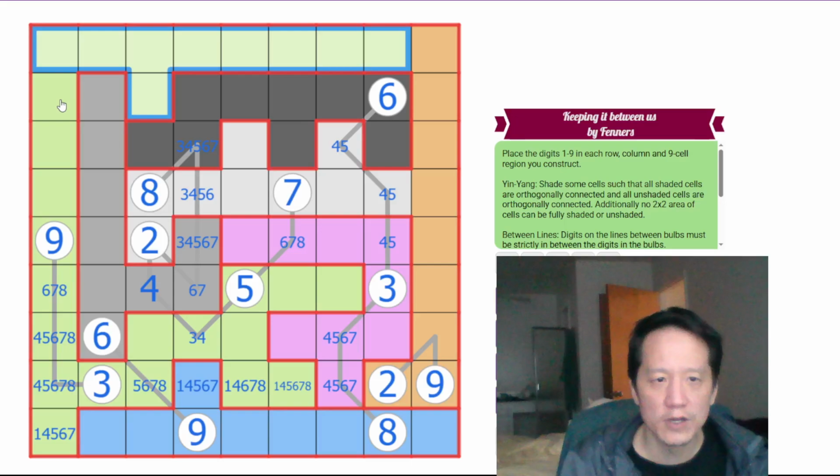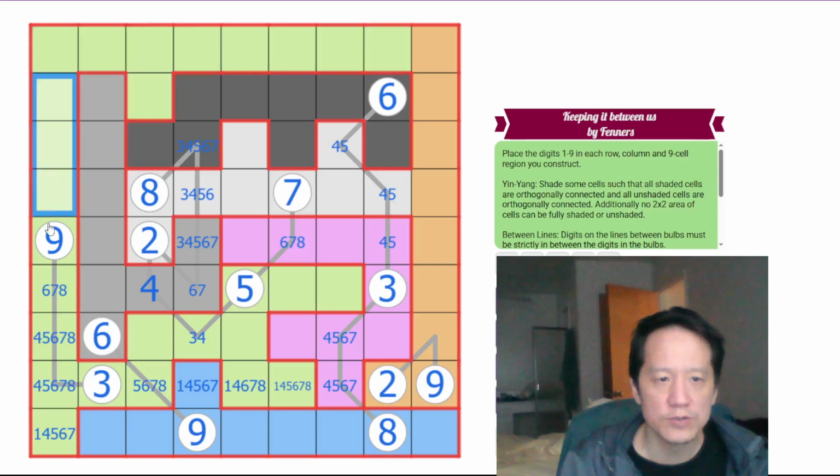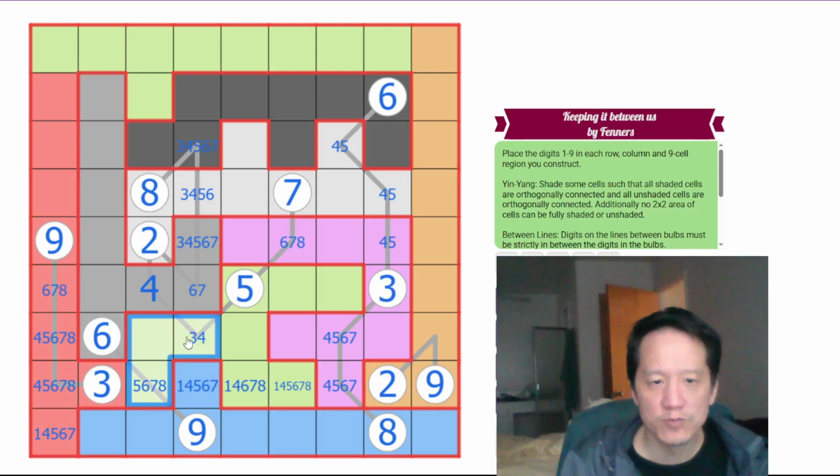That will keep green. This has to be region 1, 2, 3, 4, 5, 6, 7, 8, 9. And this must be a region 1, 2, 3, 4, 5, 6, 7, 8, 9. So those must be the regions by yin yang.